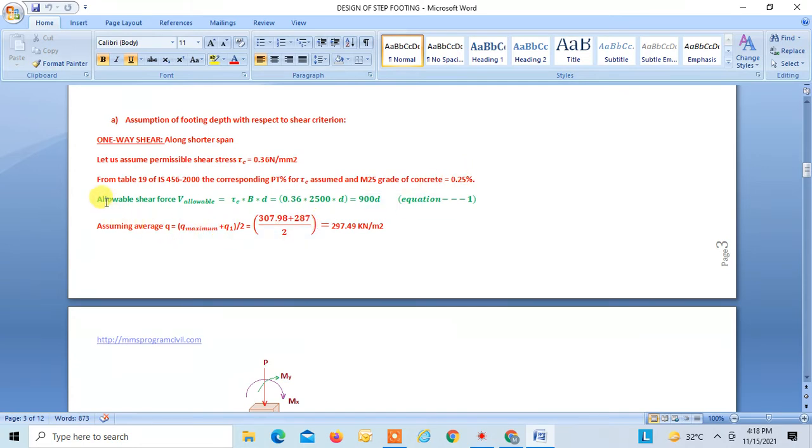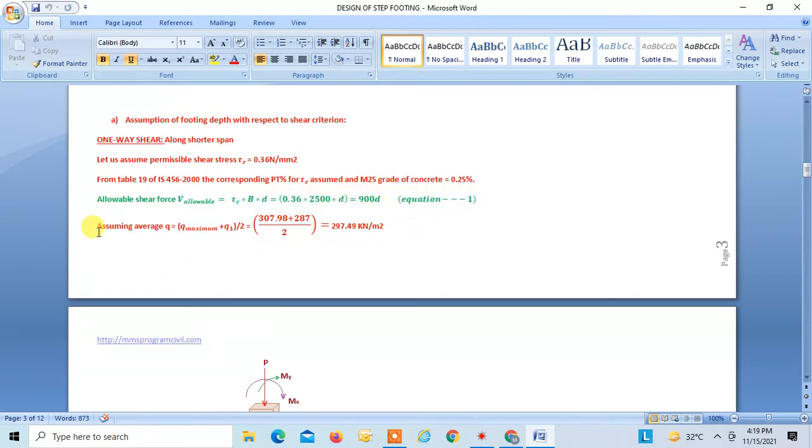So this is how we get the first equation, that V allowable, that is allowable shear force, that means the shear force which is acting below the footing due to the upward soil net pressure, should be less than or equal to this V allowable. This is found by the formula tau C into B into D. B we know is 2.5 meters, tau C we know is 0.36, D we do not know, so this is equal to 900 D. This is our equation 1.